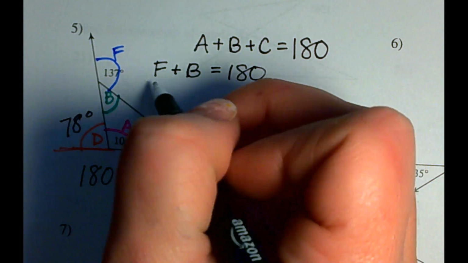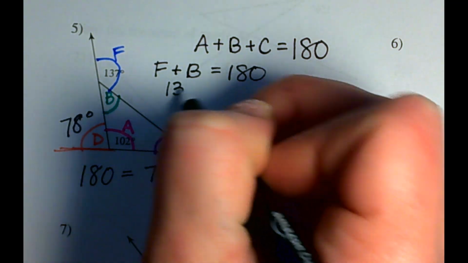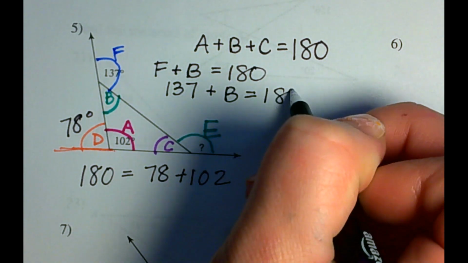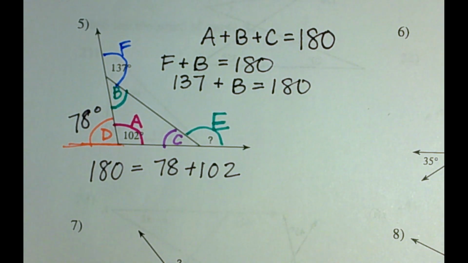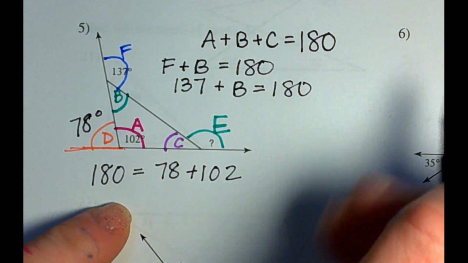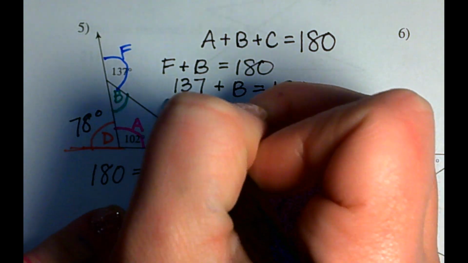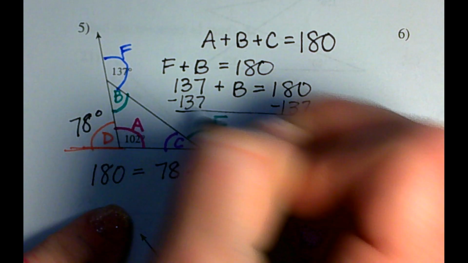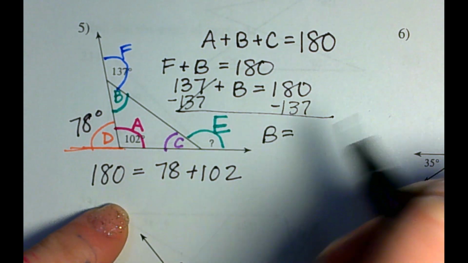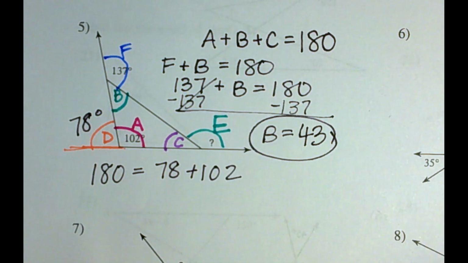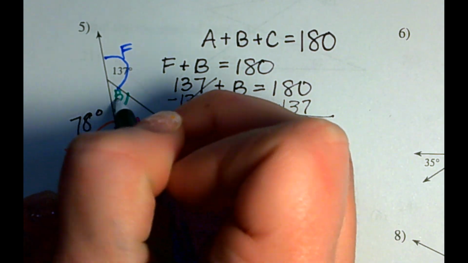And I know F is 137, but I don't know B. So now I have 137 plus B equals 180. What should I do next? Perfect, subtract 137 from both sides. And we get B equals, you said 43? Perfect. So I have B now.